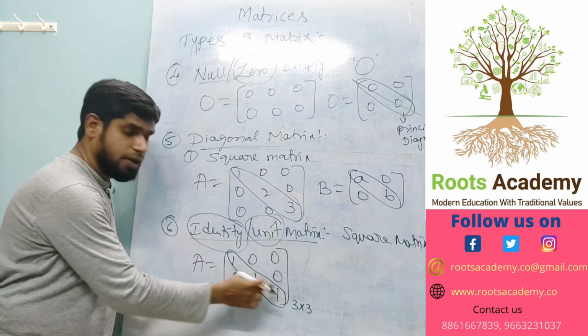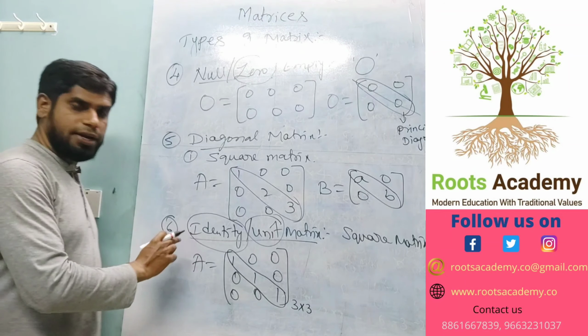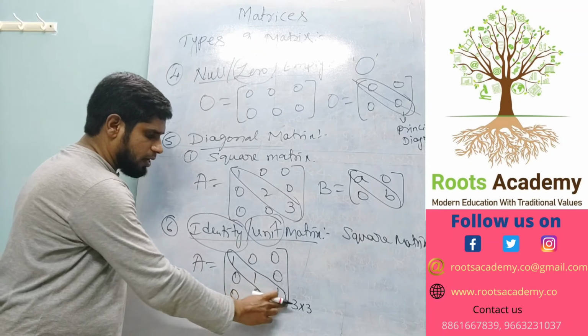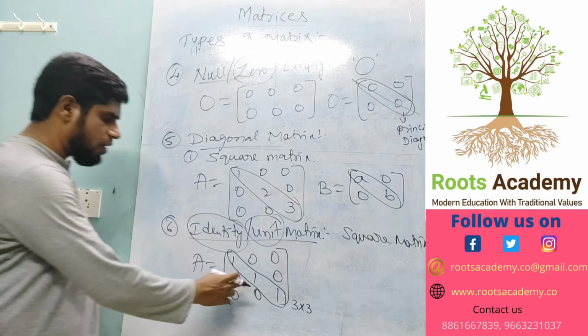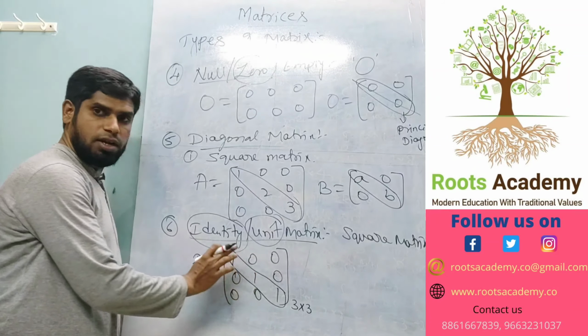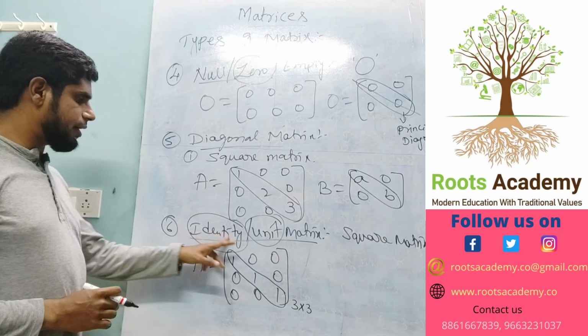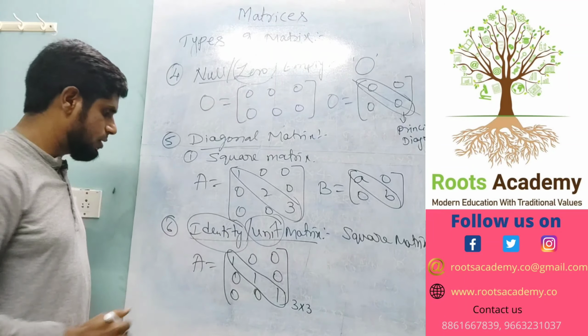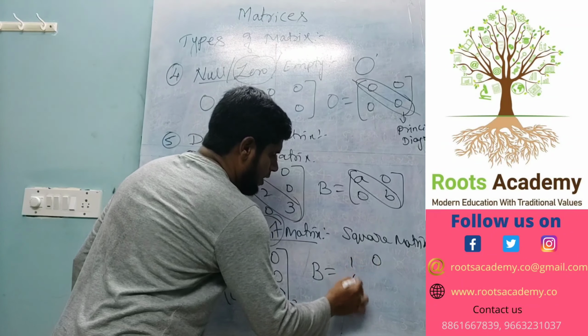If you write any element other than 1, it is not an identity matrix. For an identity matrix, the principal diagonal elements must be 1, and all other elements are 0. Those matrices are called identity or unit matrices. In the case of 2 cross 2, it will be like this.